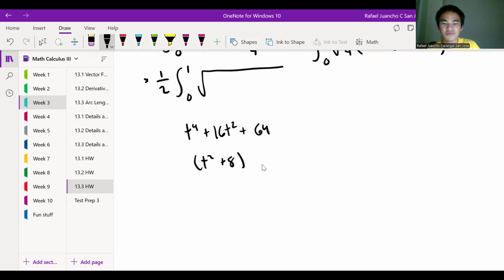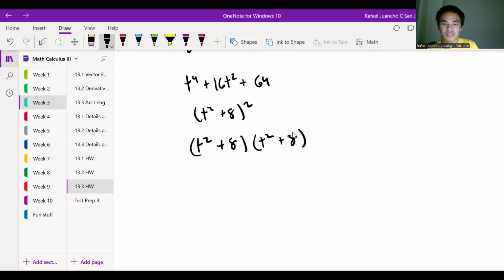This would be nice if there was an actual formula. So let's just go for t fourth, 8t squared, so 16t squared, and then 64.